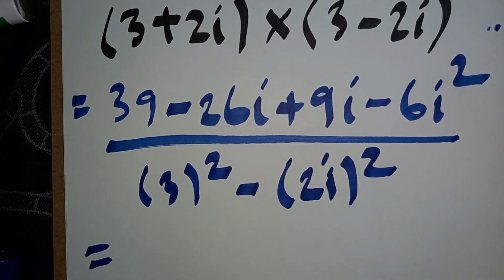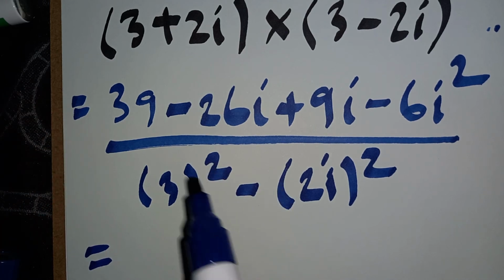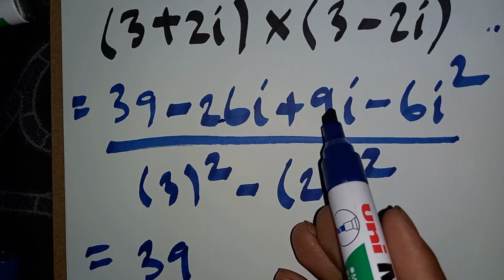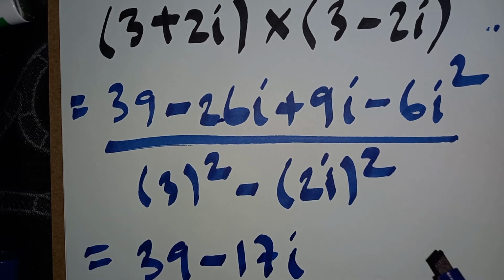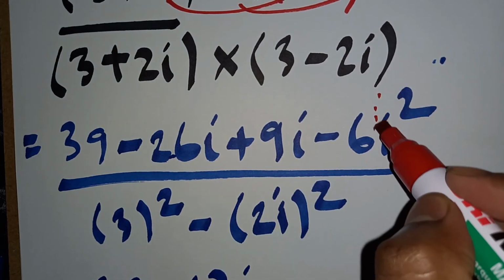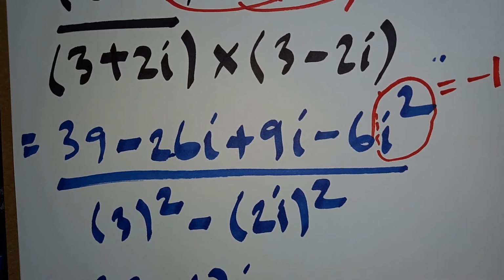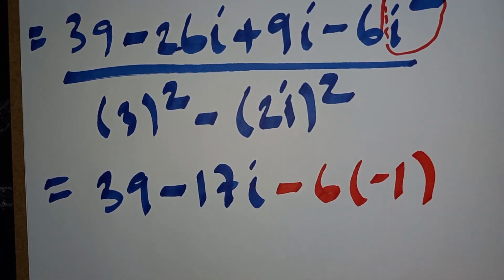Okay, let's clean this up. Let's see if we have any like terms here. Looks like 39 does not have any. Then we have minus 26i plus 9i, that will be minus 17i, and let's just replace it here to avoid some steps. i squared will be equal to minus 1, so let's put that there, minus 6 times negative 1, right?